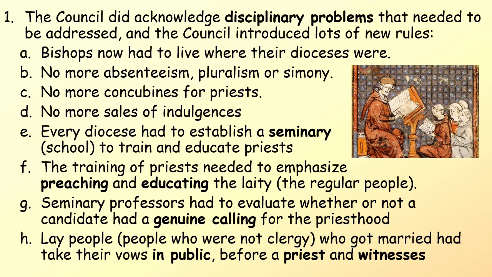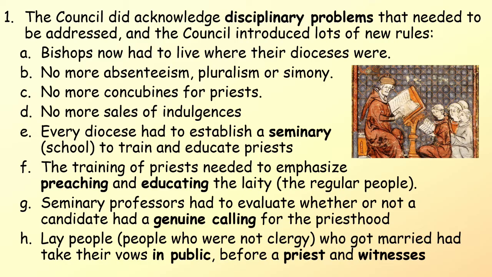For example, bishops now had to live where their dioceses were, and a diocese was a group of churches or a district of churches that were run by a bishop. There would be no more absenteeism, no more pluralism, no more simony, and these were all forms of church corruption. For example, absenteeism is a form of church corruption in which a member of the clergy gets paid for a position but isn't actually there to do the job.